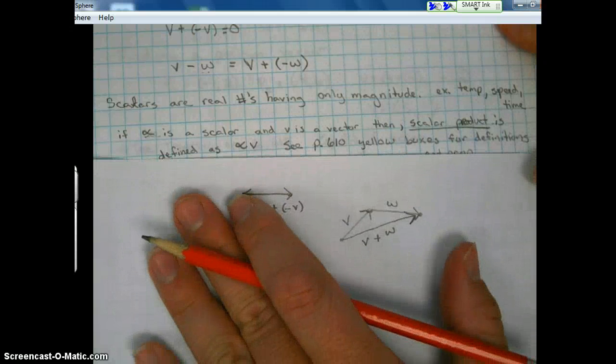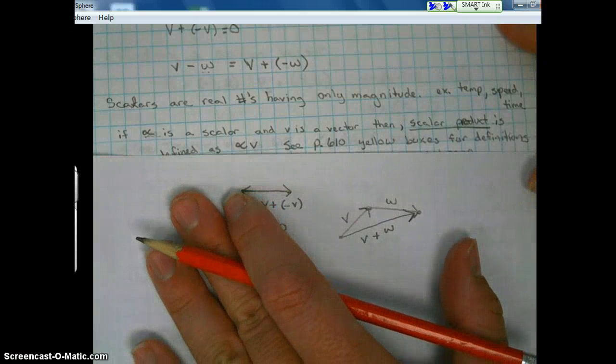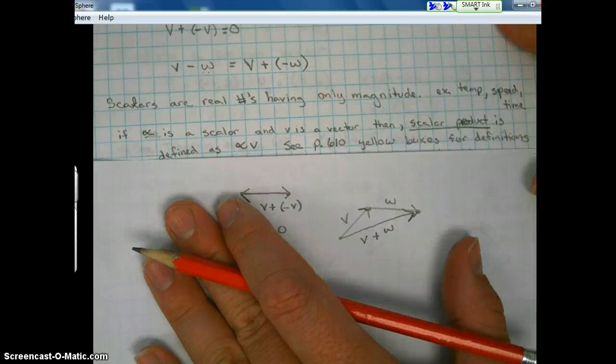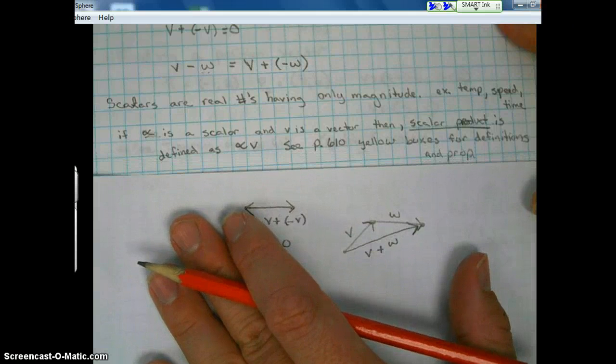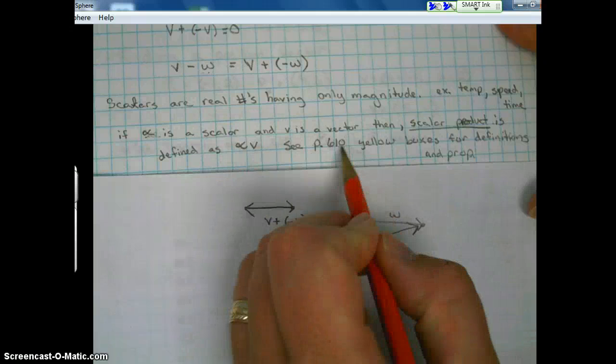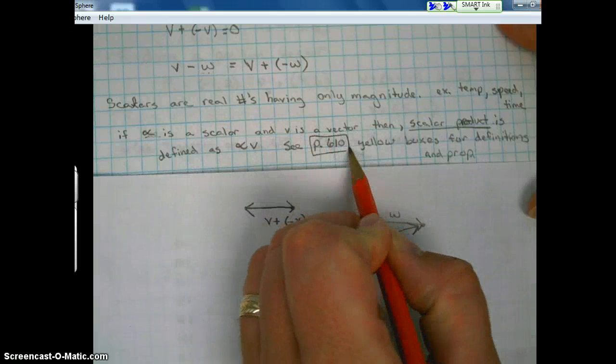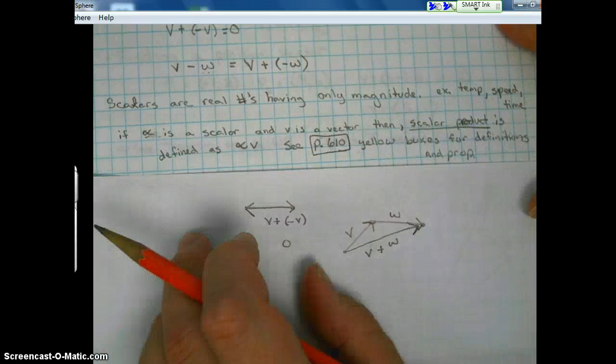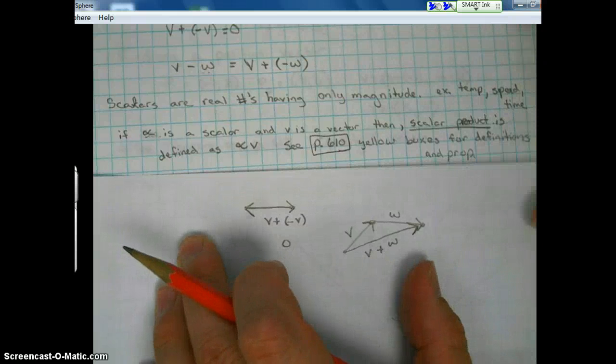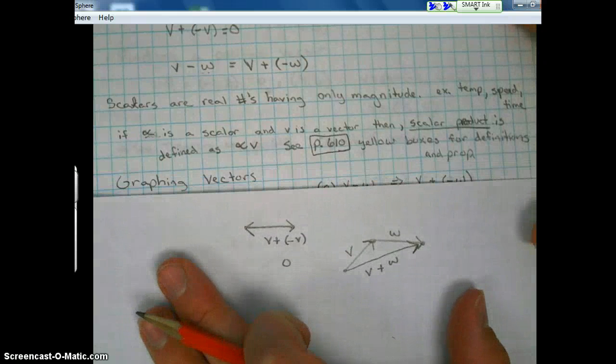We're going to look at page 610 in the book, at the yellow boxes for the definitions and properties. So page 610, if you would take a look at the yellow boxes and those definitions and properties.